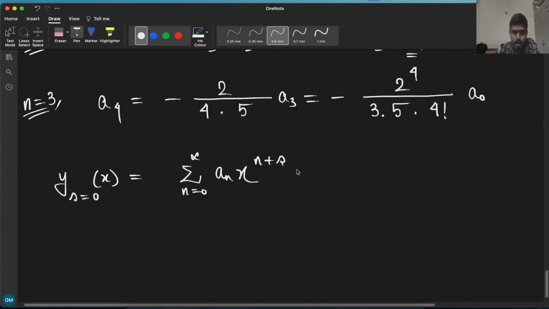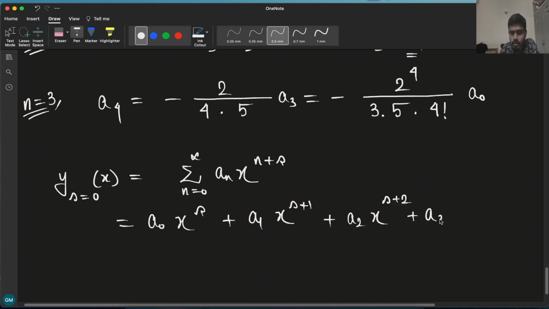Okay, and which means a0 x to the power s plus a1 x to the power s plus 1, plus a2 x to the power s plus 2 plus a3 x to the power s plus 3 plus a4 x to the power s plus 4.